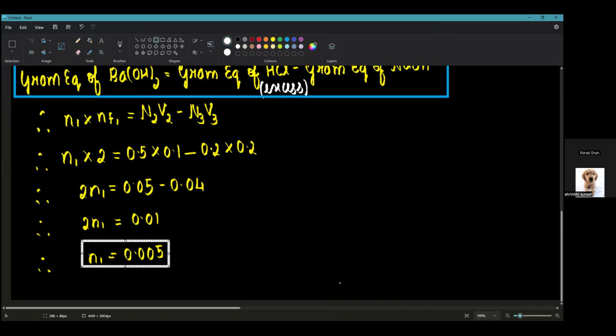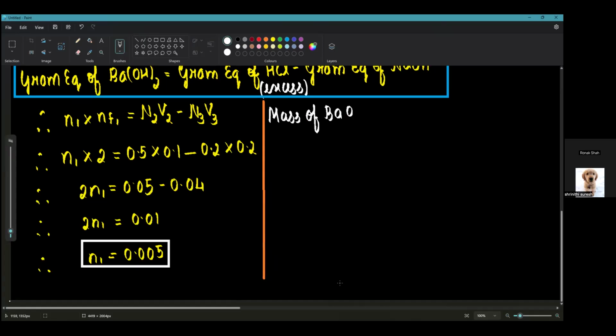Once you get the moles of pure barium hydroxide, you can easily find the mass of barium hydroxide. See, mass of barium hydroxide is moles 0.005 into molar mass.